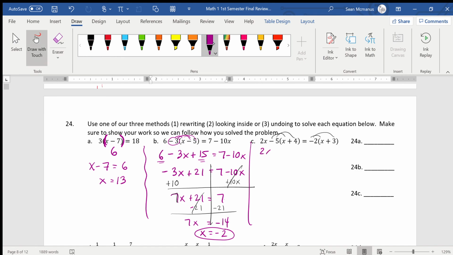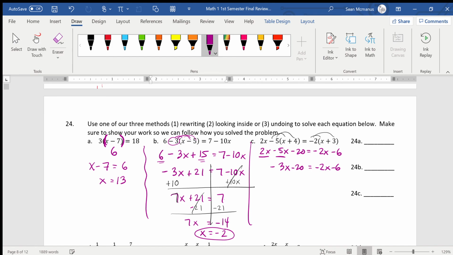So I'm going to have 2x minus 5x minus 20, right, because I'm distributing a negative, equals negative 2x minus 6. All right, so I am just rewriting this. I'm not doing anything to change the value of either side. Right, so 2 minus 5 is negative 3x minus 20 equals negative 2x minus 6.